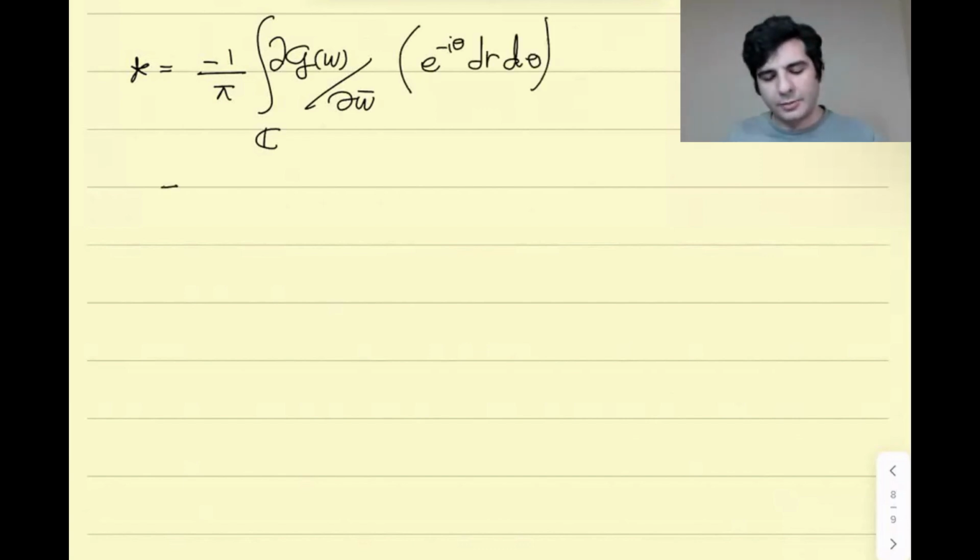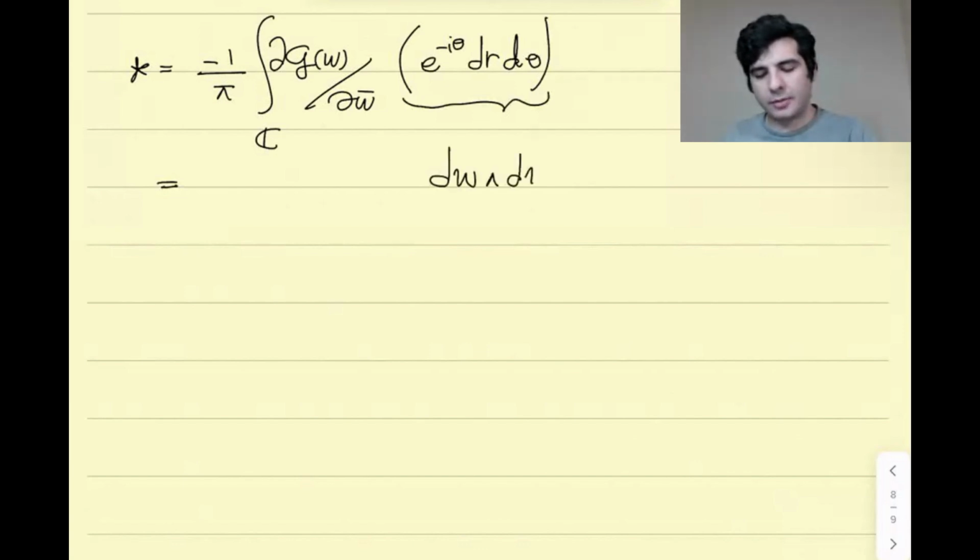Now we can rewrite everything back in terms of w and z. So this would be equal to dw wedge dw bar divided by w minus z, with some constant which comes here and makes this 1 over 2 pi I. And then we have this integral here.